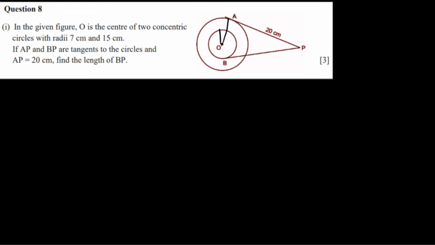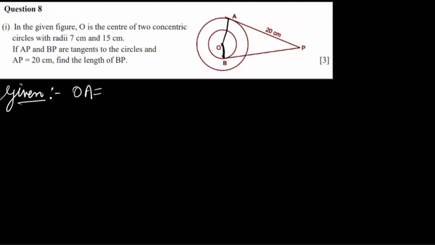First of all, because this is a question of geometry, we have to write what is given to us. So this pattern you have to follow. First of all, what is given to us. So given is, we can write now. I'm just joining here OA and OB and I'll write these as radii.